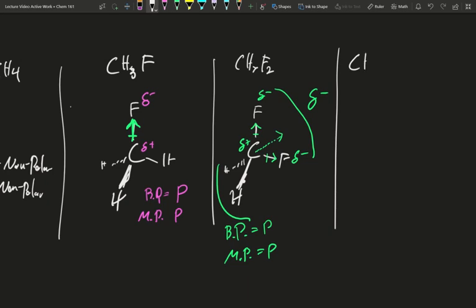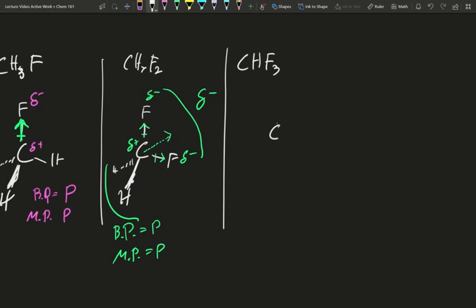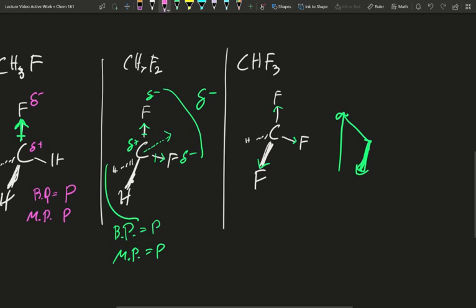Keep doing this. CHF3. Carbon, fluorine up, fluorine over, fluorine out at us, hydrogen away. So in this case, I've got bond polarities still. I go up, I go down and over, and oddly enough, I come out at us and back a little bit, leaving my net result being, from my center, I come out a little bit.